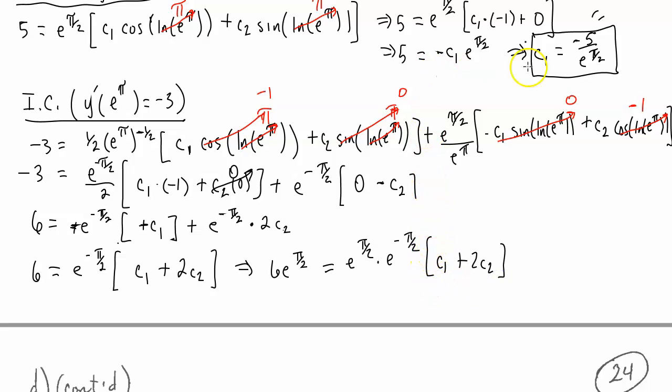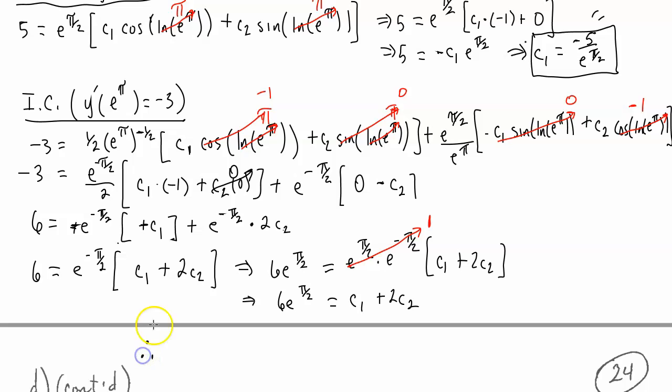Okay, so if I do that, then of course all this business here is just another way of saying 1. And so what I have left here at this point is just 6e raised to the positive pi over 2 is equal to c1 plus 2c2.